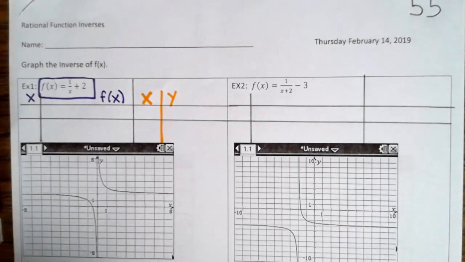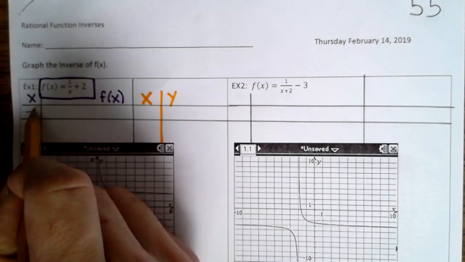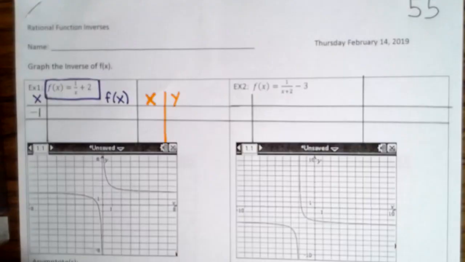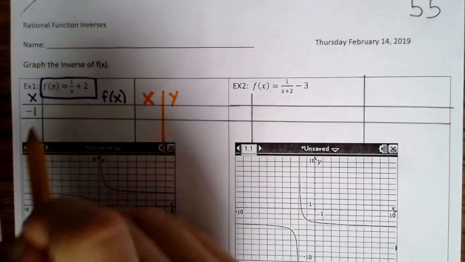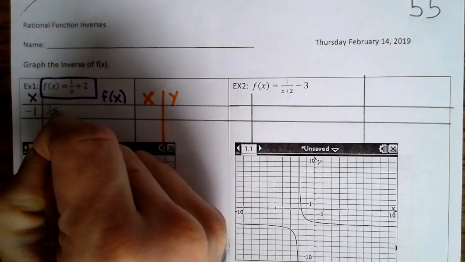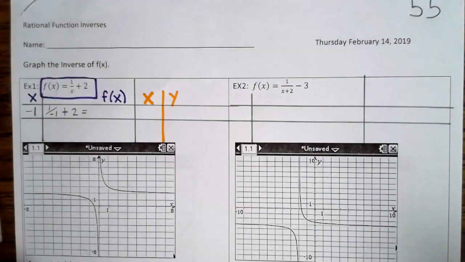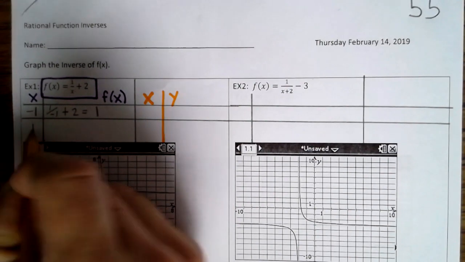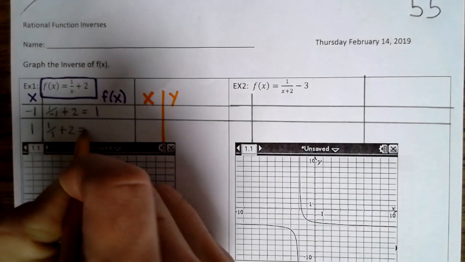All right, so let's use our first value, x negative 1. Okay, so we're going to substitute negative 1 in for x, so that's 1 divided by negative 1 plus 2. Well, that equals 1, and let's use x as 1. So 1 divided by 1 plus 2 equals 3.